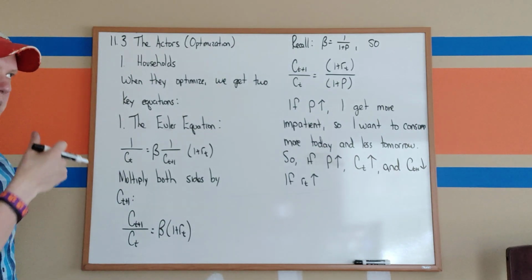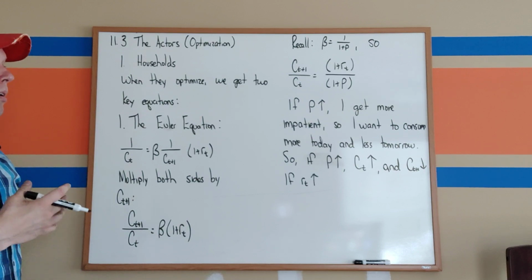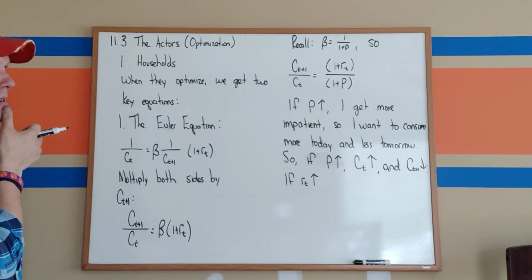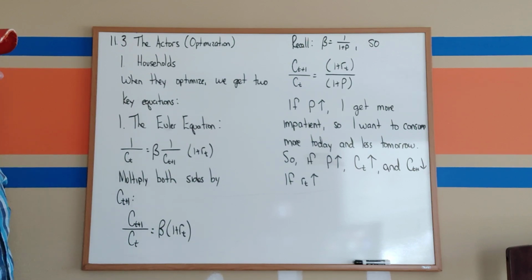But if interest rates go up to, say, 10%, all of a sudden you're like, whoa, whoa, whoa. I can get a lot of a return on investment if I just slow down my consumption today, because I may not be that happy today, or as happy as I want to be today, but I also do care about my happiness tomorrow.